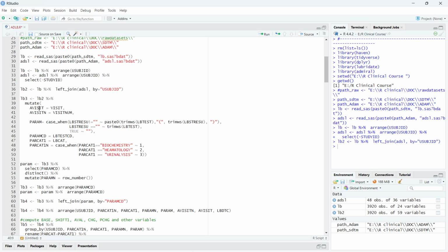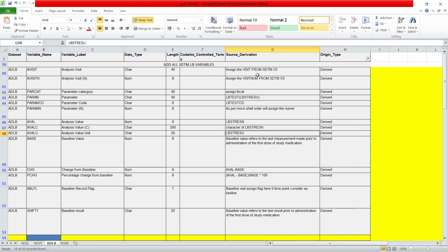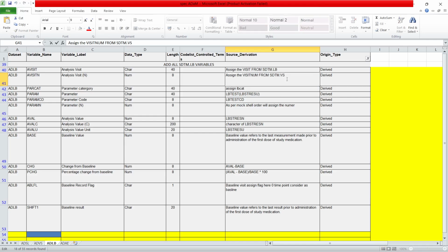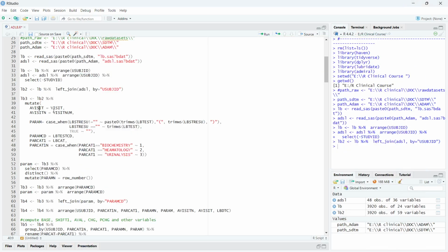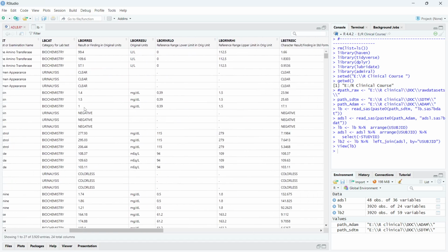For AVISIT, as per the specification, we take the visit information directly from the SDTM LB dataset, and VISITNUM from the SDTM LB dataset as well. AVISIT is taken from VISIT, and AVISITN from VISITNUM, because the LB dataset already has this information.